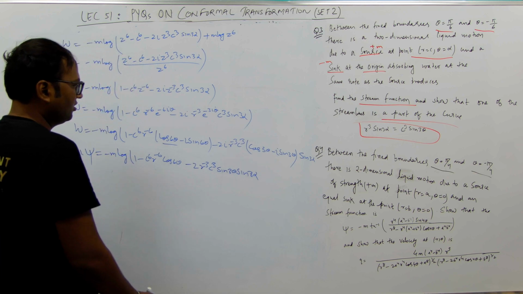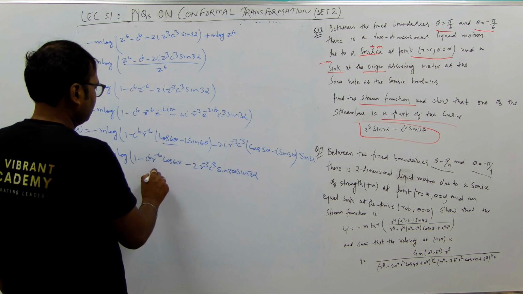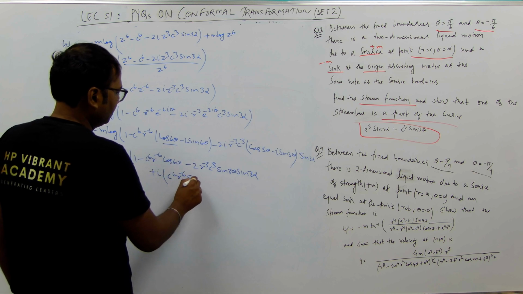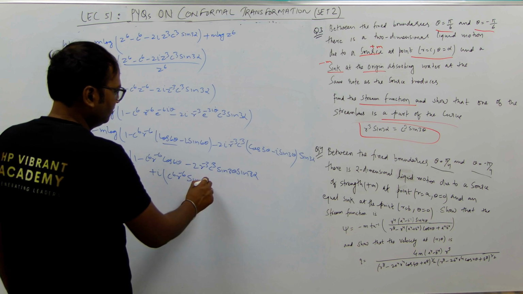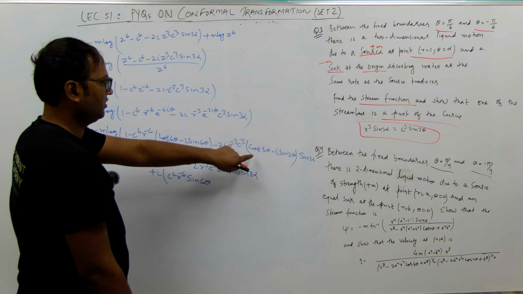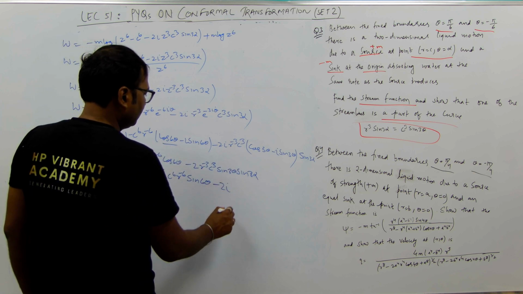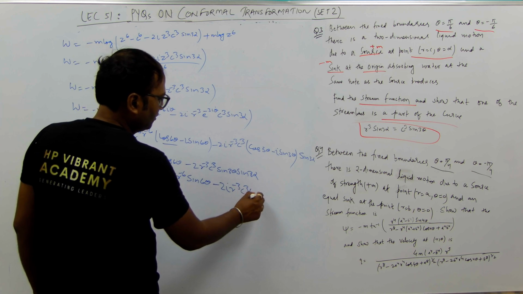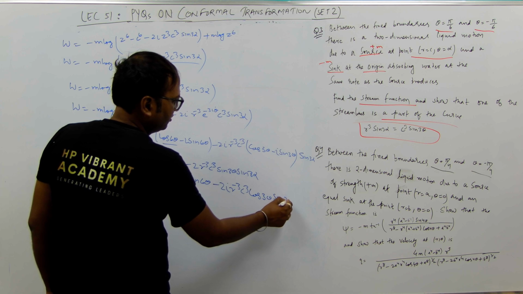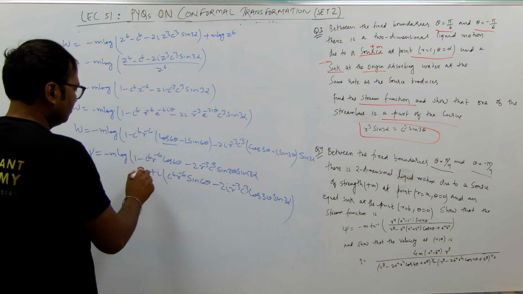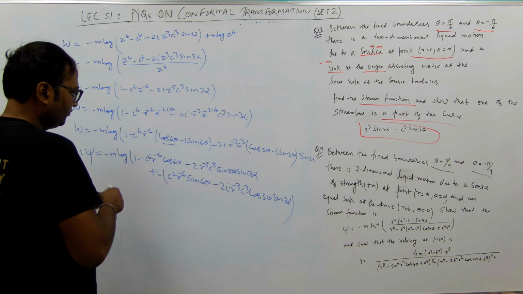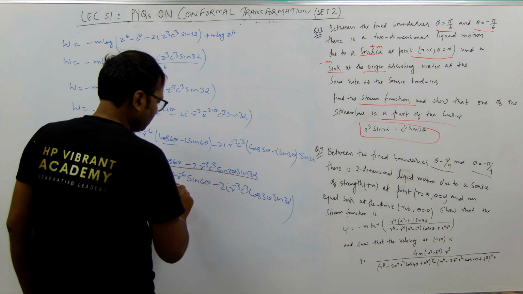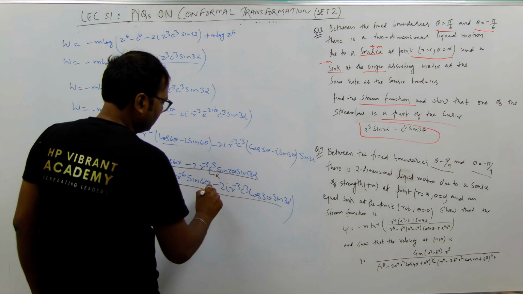Okay, so this is the real part, plus i times c^6 r^-6 sin 6 theta, and from here minus 2i r^-3 c^3 cos 3 theta sin 3 alpha. So this is the real part and this is the imaginary part.